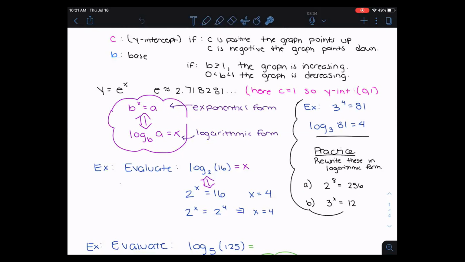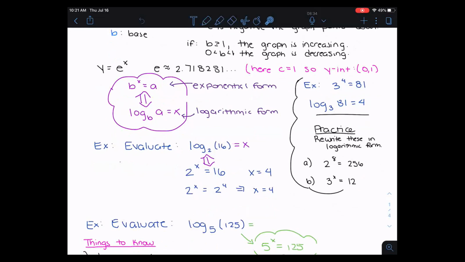And then we can continue. But you can try these out, and once you get this done, you can write your answer in the chat. All you have to do is rewrite. Identify your b, put it in the base, identify your a, put it right next to it.